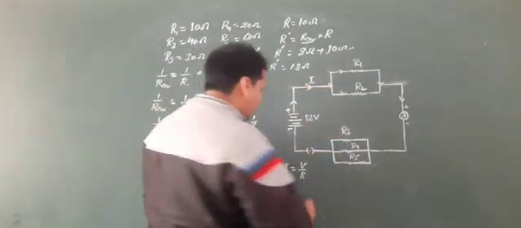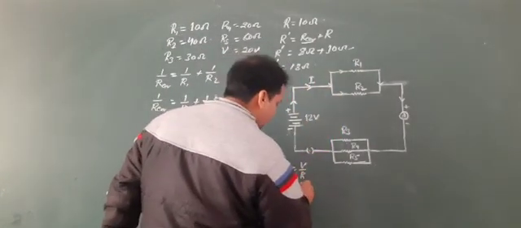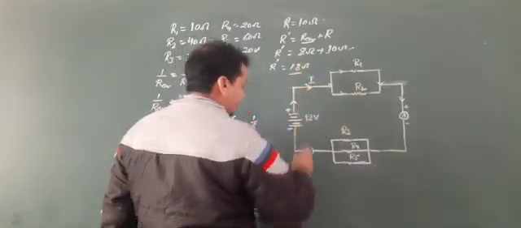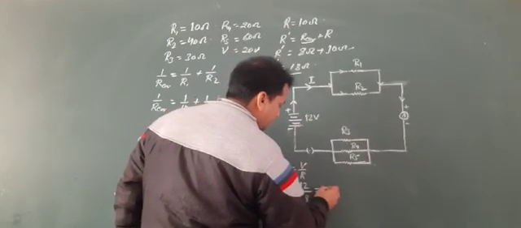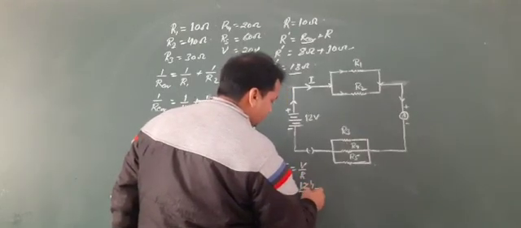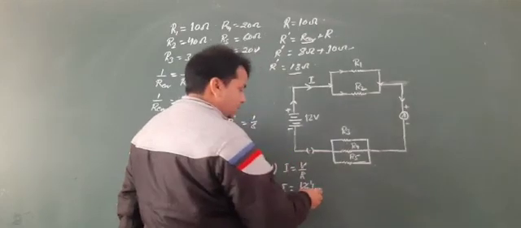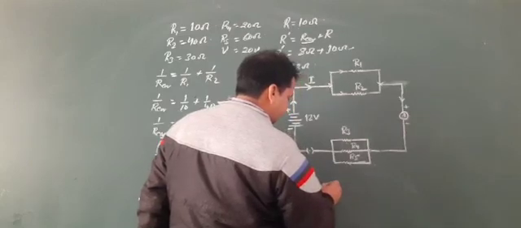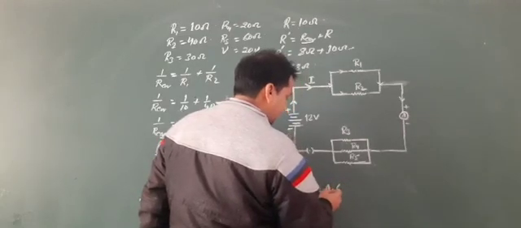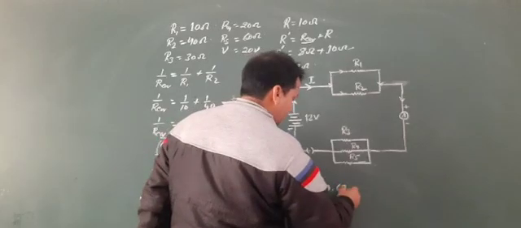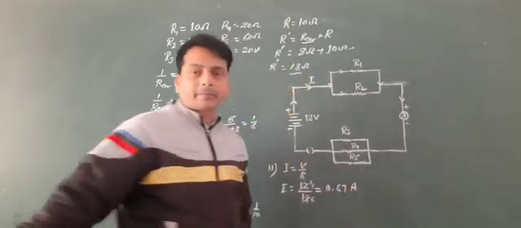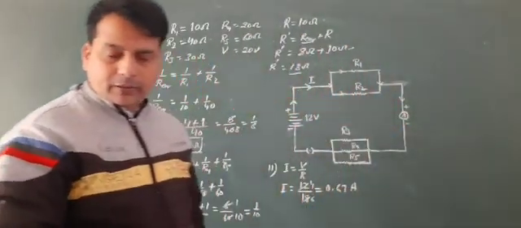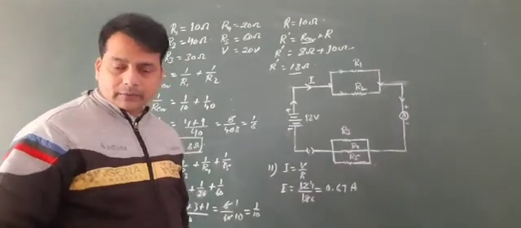So put the value V equal to 12 and total resistance 18 ohm. Then 12 by 18 equals 0.67 ampere. So the electric current flowing in this circuit is 0.67 ampere.